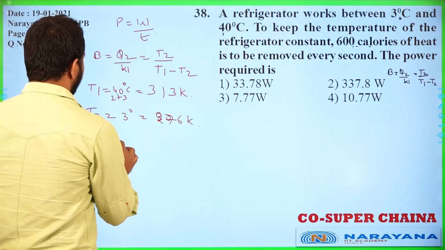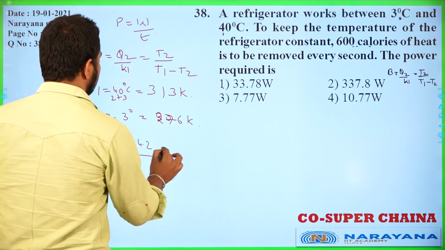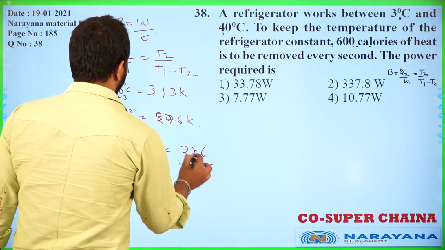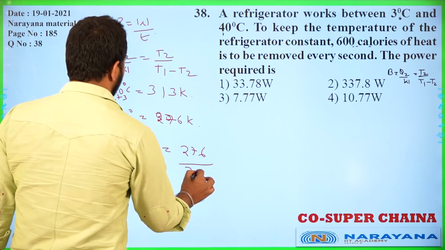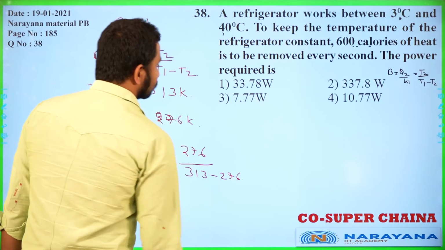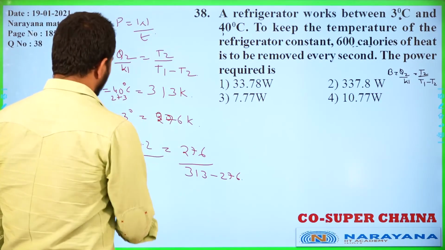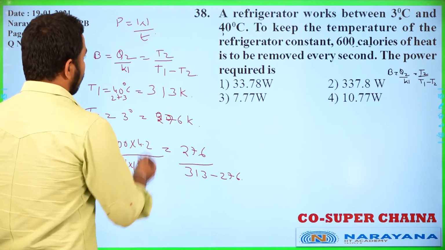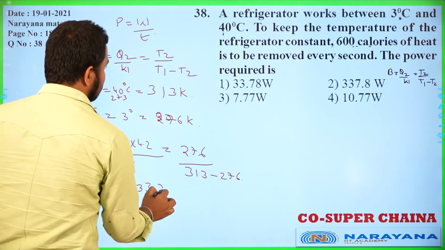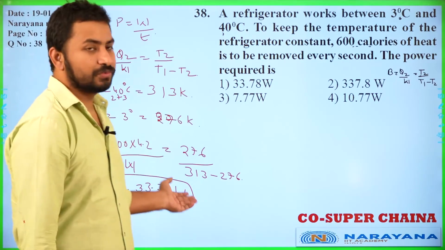Q2 by W, that is 600 into 4.2 by W, equals 276 by (313 minus 276). Student, if you solve here, we will get the work done and power. Substitute it here, the answer will be 33.78 watt. Okay, this is the required answer which we are looking for.